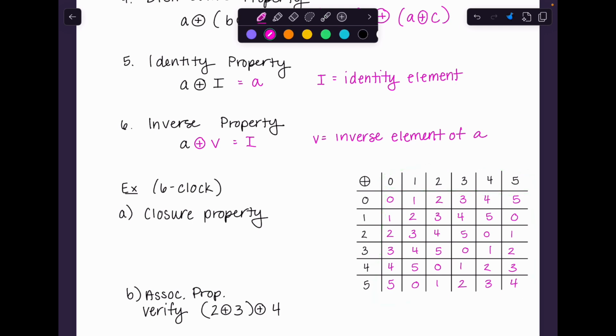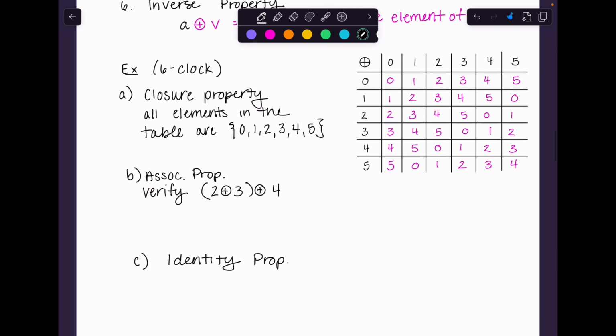So the closure property is verified by saying all the elements in the table are the numbers 0 through 5. You get nothing outside of those digits on the clock.